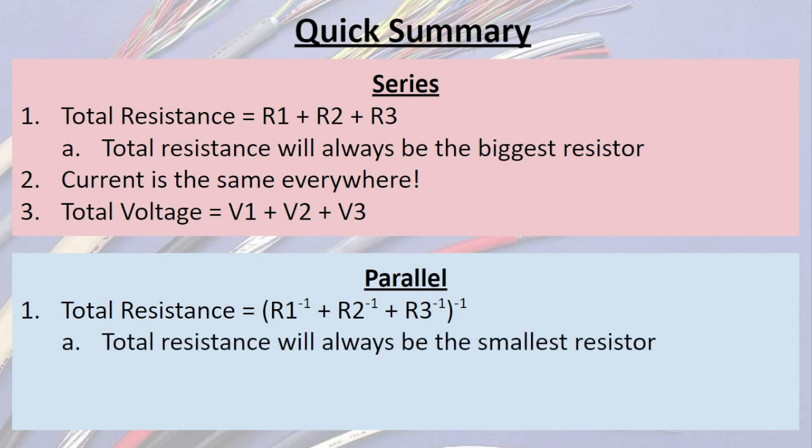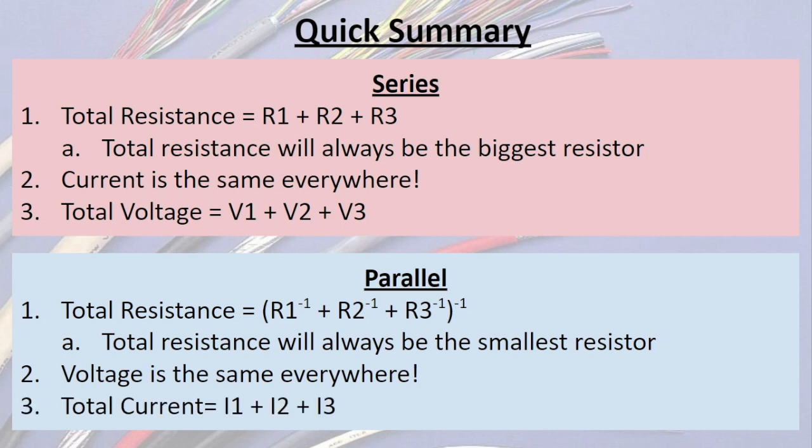The total resistance will always be smaller than the smallest resistor for parallel. Voltage is going to be the same everywhere for parallel. And lastly, total current can be found by adding the current of each individual part of the parallel circuit up. Or in other words, total current is the sum of all of the currents inside the parallel circuit.